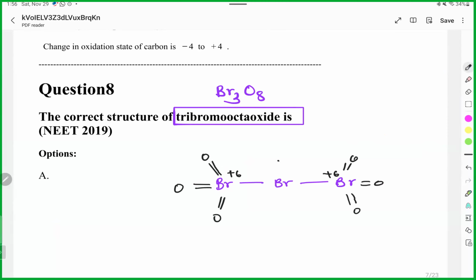How many oxygen are done? 6, 2 more, so 2 in the center, 3 this side and 3 this side. There should not be 8 like that; two came in the middle. Bromine can have maximum 7 bonds, not more than that, maximum +7 charge.